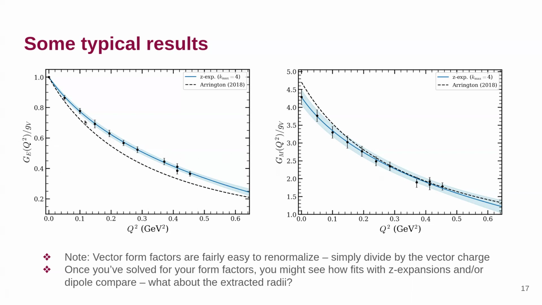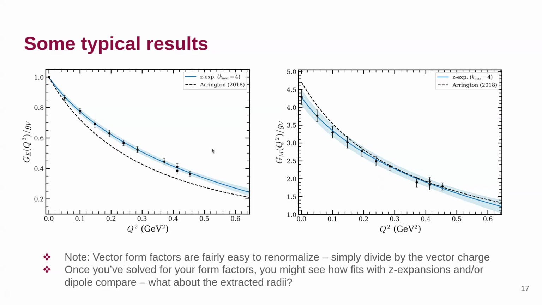And so having done that, we perform a fit to them. In this example, I show a Z expansion fit with a Kmax of 4, and that's shown by the blue line and the blue bands.